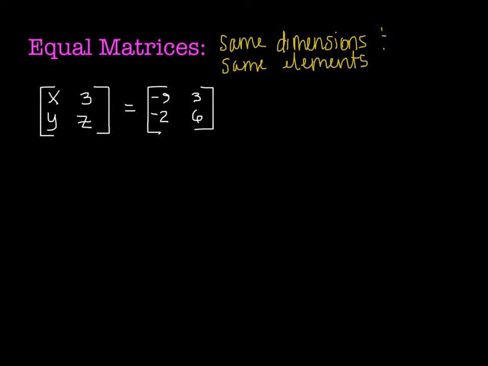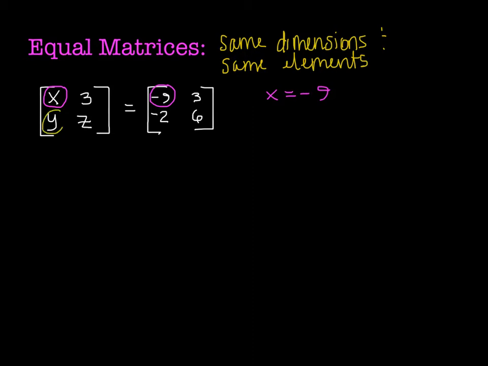I want to create 2 matrices that are equal, so I can see that my dimensions are both 2 by 2, 2 rows, 2 columns, same here. Now all my elements have to be equal, so I'm going to solve for my variables. So this upper left goes with this upper left, so x is going to equal -9.